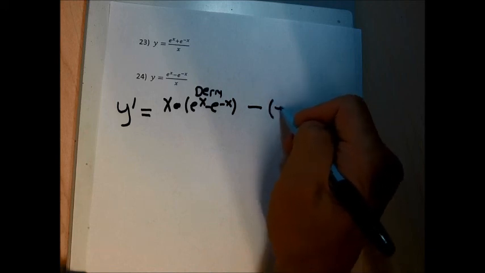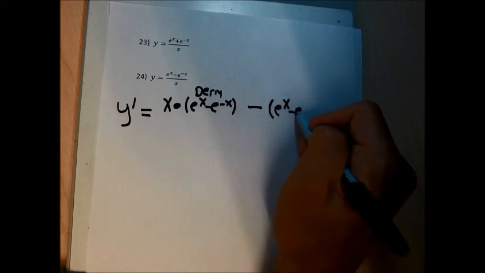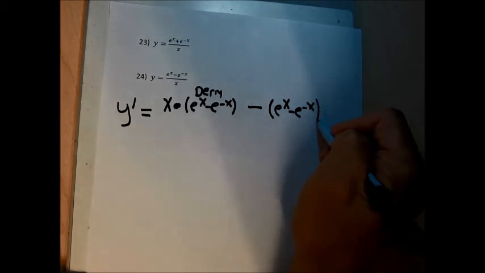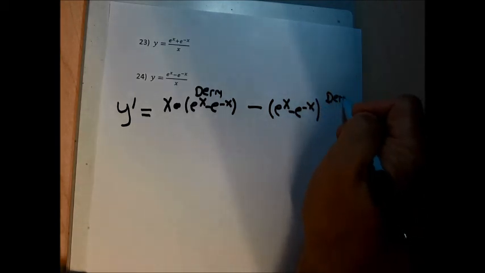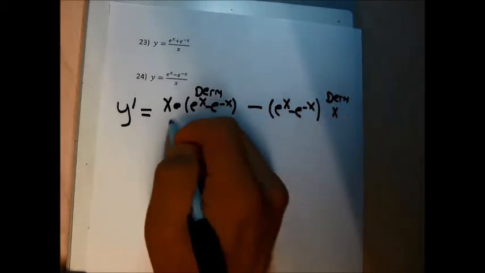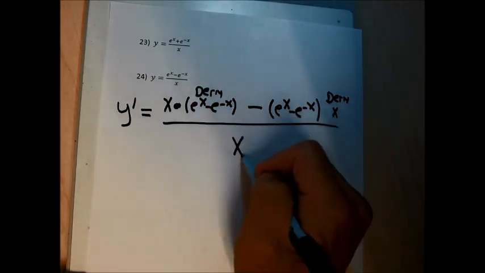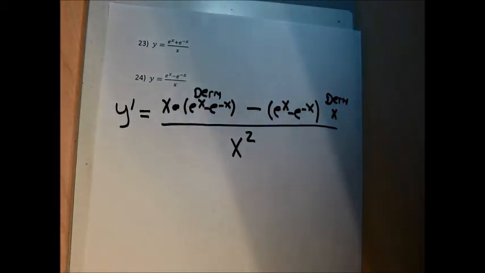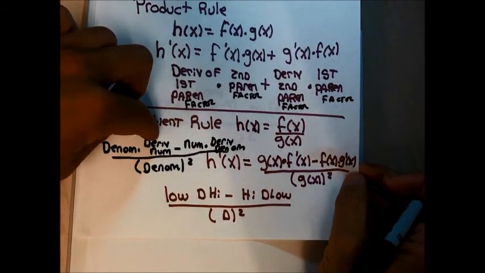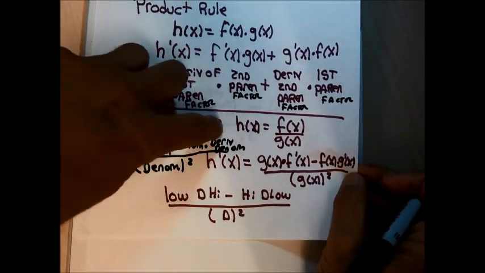The numerator is e to the x minus e to the negative x, and then I have to multiply by the derivative of x, and then all over the denominator squared. So that's using exactly the rule: the denominator times the derivative of the numerator minus the numerator times the derivative of the denominator, all over the denominator squared.